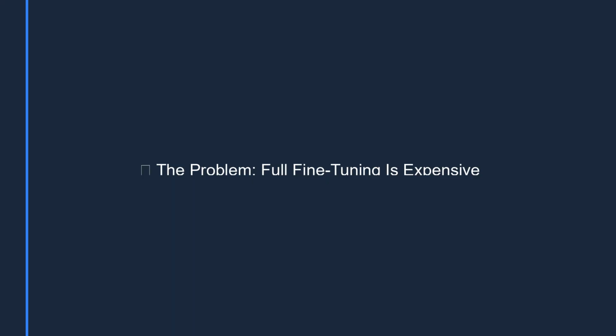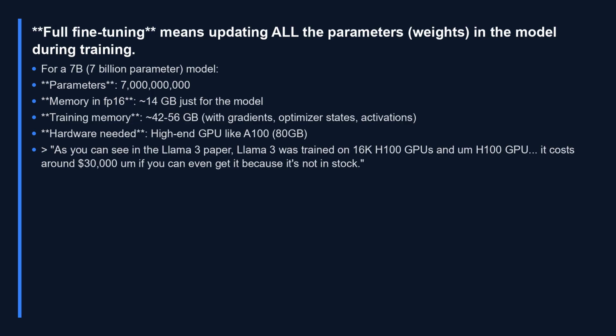The problem: full fine-tuning is expensive. Full fine-tuning means updating every single weight in the model during training. For a 7 billion parameter model, that's 7 billion numbers that need to be stored, differentiated, and updated on every training step. The model weights alone consume roughly 14 gigabytes in FP16.